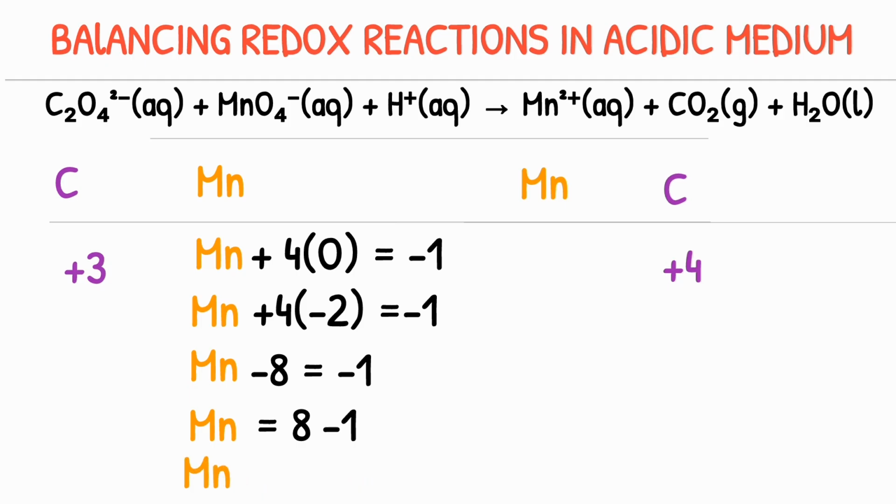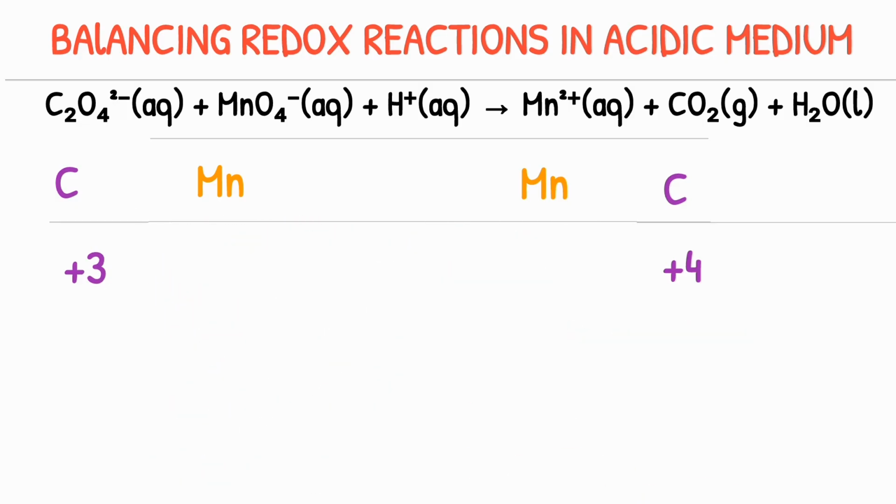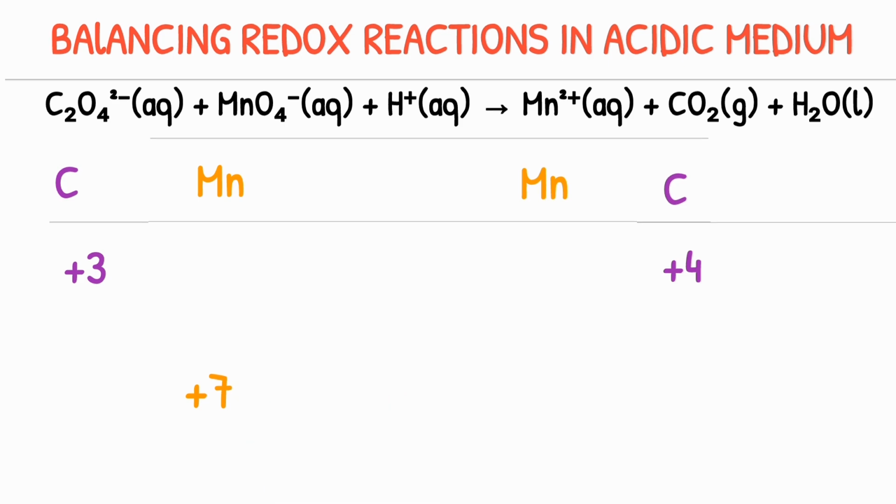And 8 minus 1 is going to give you +7. So we are saying that the oxidation state of manganese in permanganate ion is +7. We continue to the last and the least. The last and the least is manganese 2.